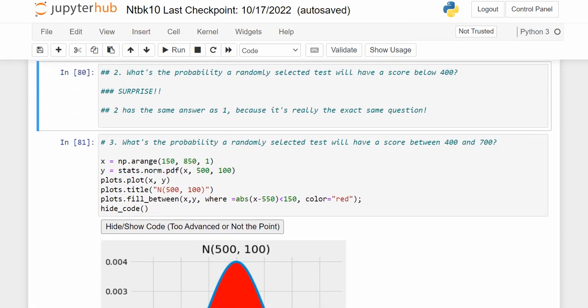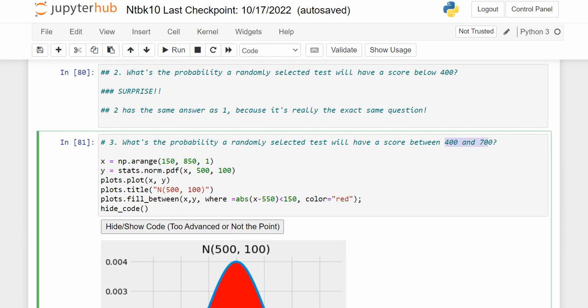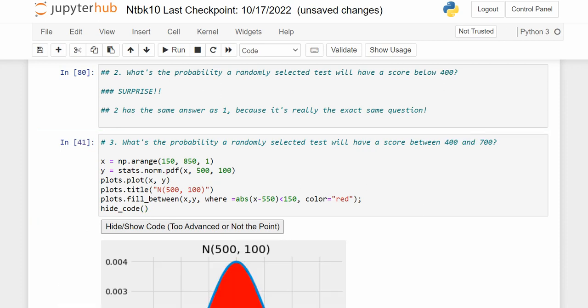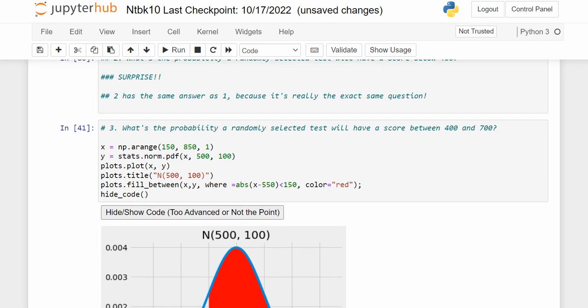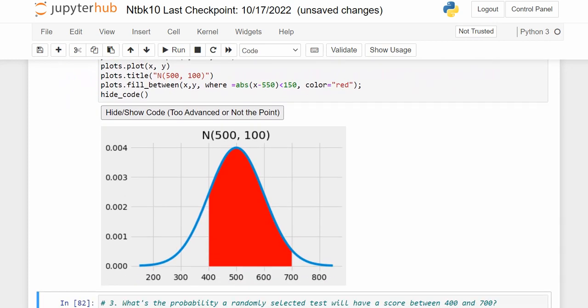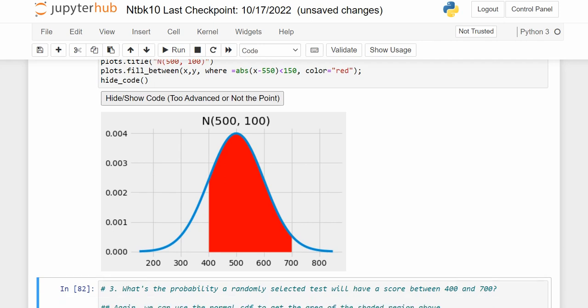And then what's the probability that a randomly selected test will have a score between 400 and 700? You'll notice that the code is in here for us. And if you look at the drawing, it is shading between 400, where the red starts on the left, and 700, where it stops on the right. We're calculating the percent of that bell that's shaded.